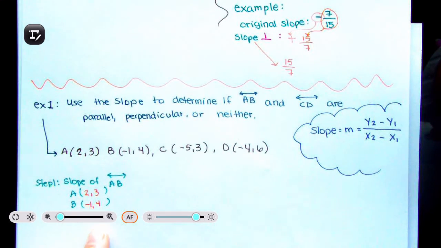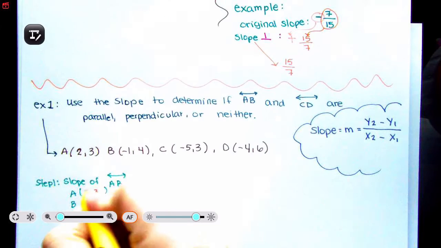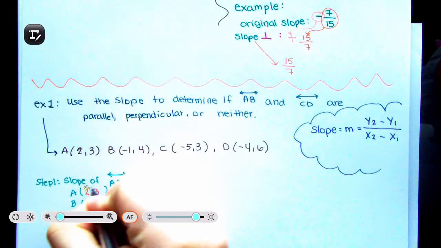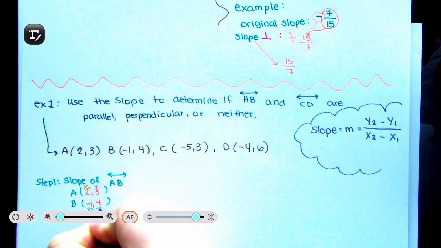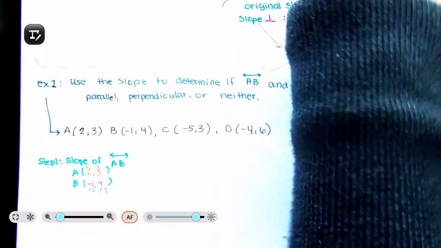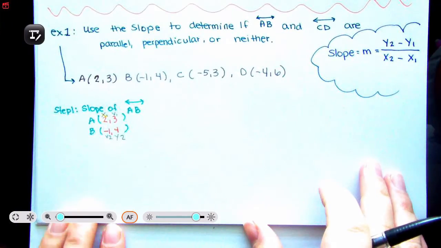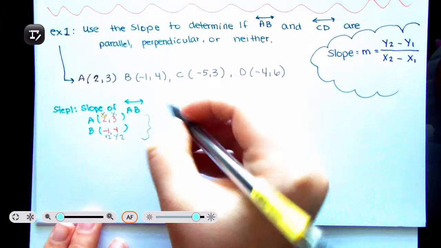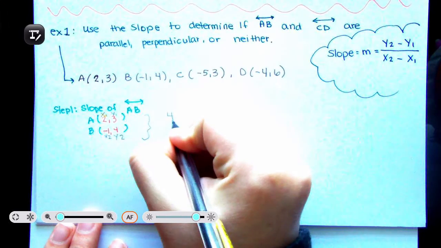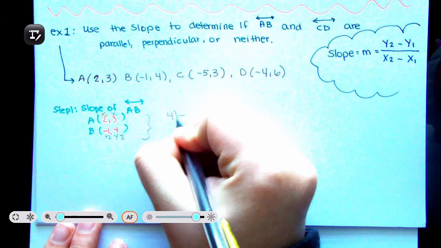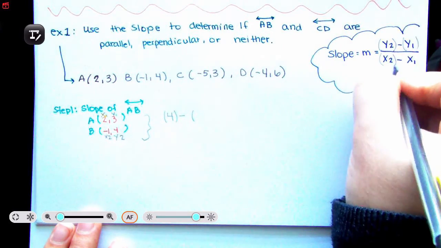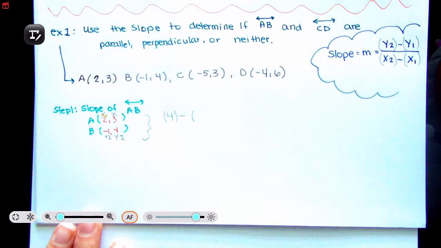So again, let's label x1, y1, x2, y2. Shift that up so you guys can see. So I'm going to use those 2 points to find the slope of my line. y2 is 4. y1 is 3, and make sure you have parentheses here, so that way you know that the negative is outside of what you're plugging into.